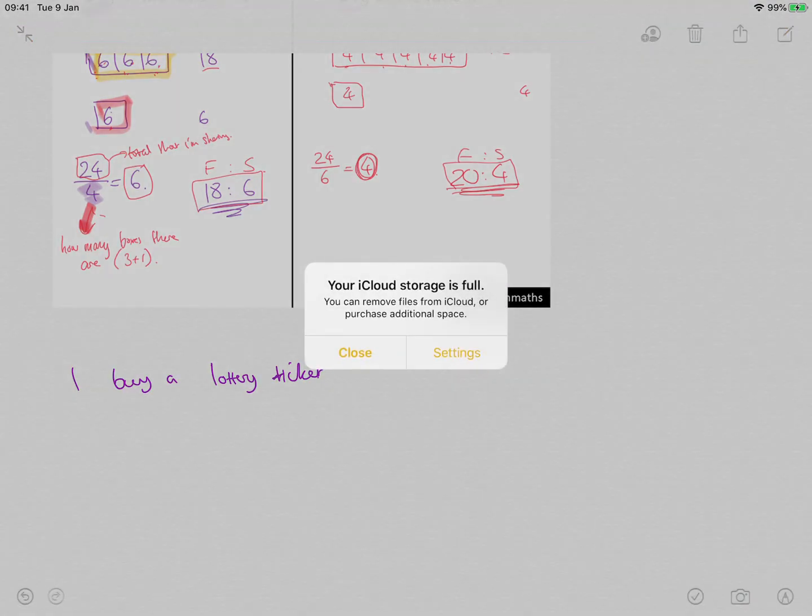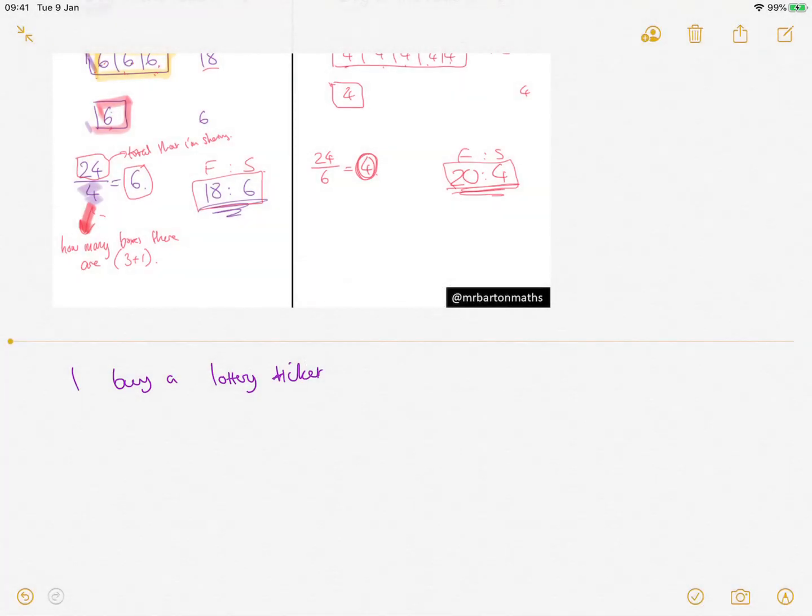So every week, let's say we buy a lottery ticket, and it's £1 or 100p, and I always put in 61p, and the other person always puts in 39p.